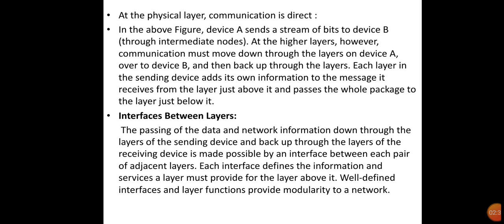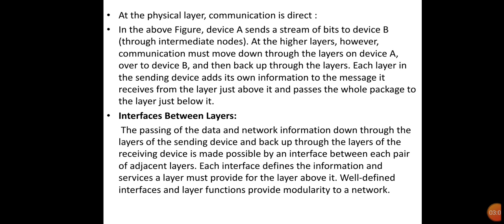At the higher layers, the communication must move down through the layers on device A, over to device B, and then back up through the layers. Each layer in the sending device adds its own information to the message it receives from the layer just above it and passes the whole package to the layer just below it.